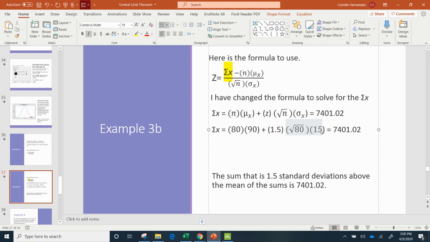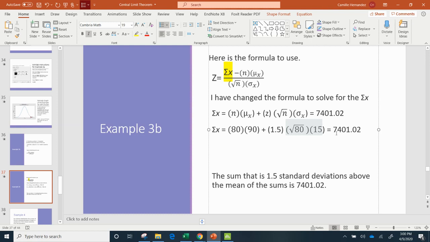If I put it all in my calculator, 80 times 90 plus 1.5 times the square root of 80 times 15 gives me my answer, 7,401.2.